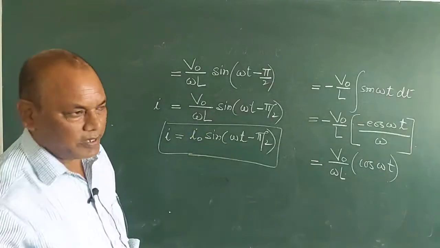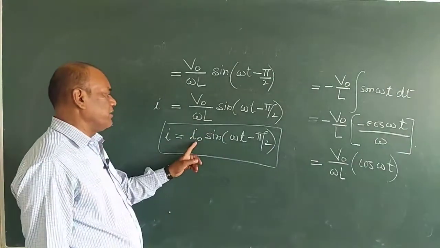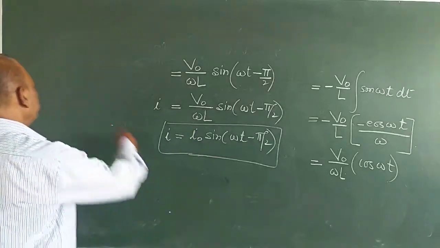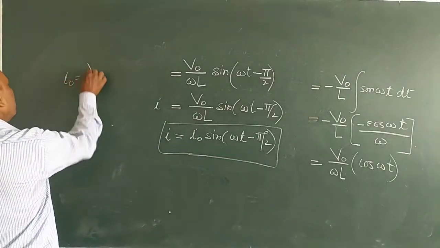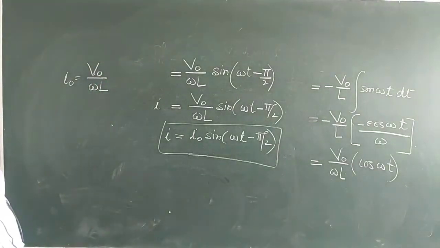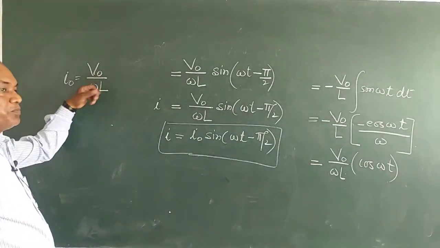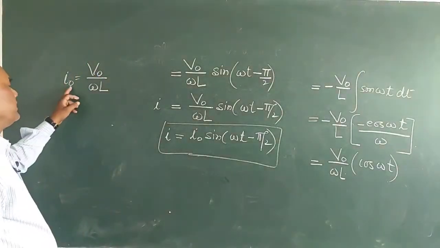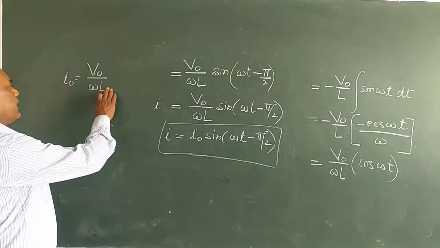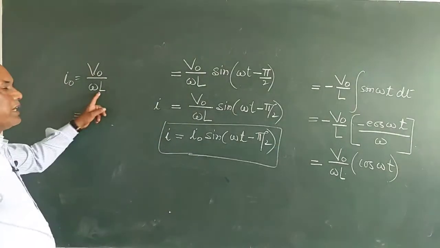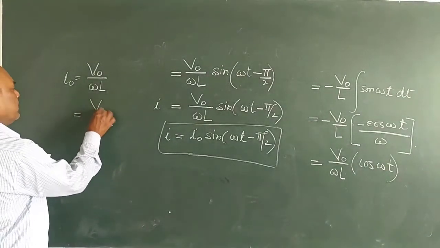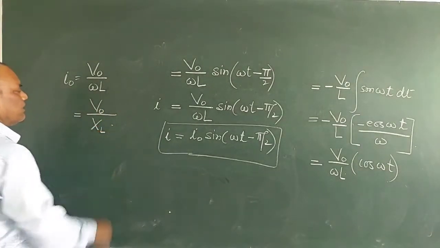A very important thing for you to understand is what omega L is. From this formula, I0 is equal to V0 upon omega L. Here V0 is the peak value of voltage and I0 is the peak value of the current. So what is omega L? This omega L behaves as a resistance, so it is called XL.